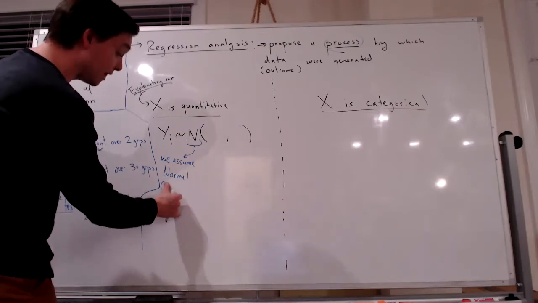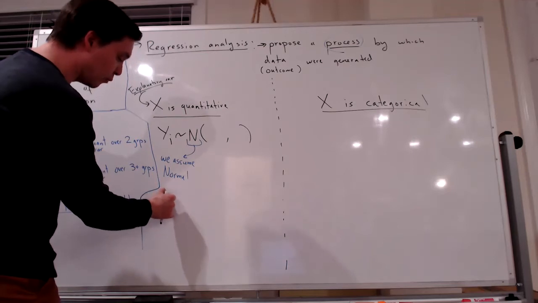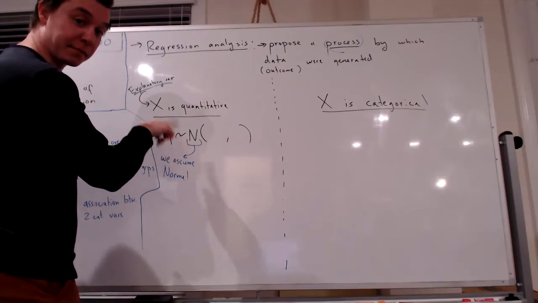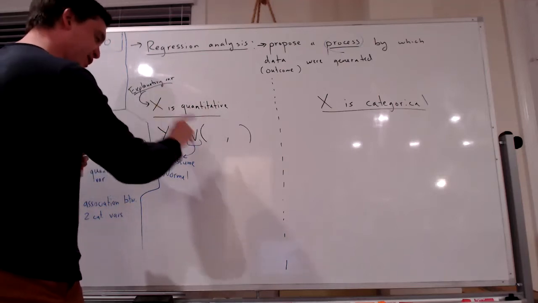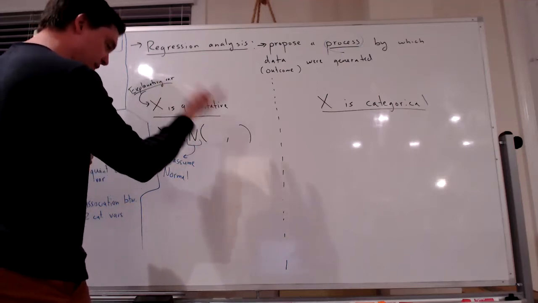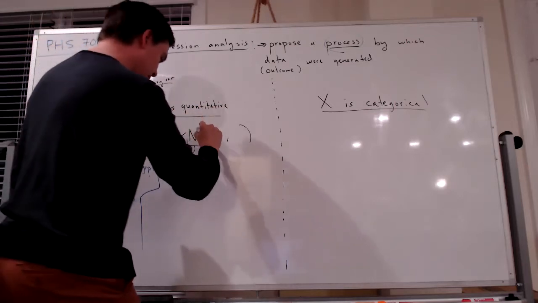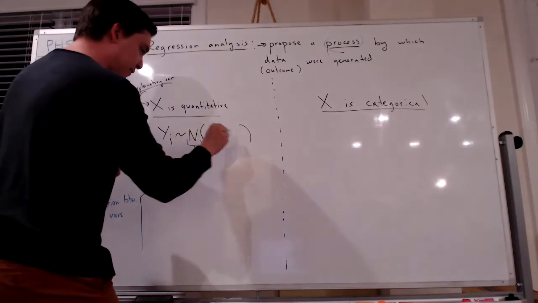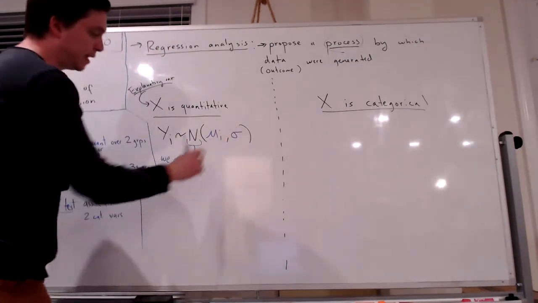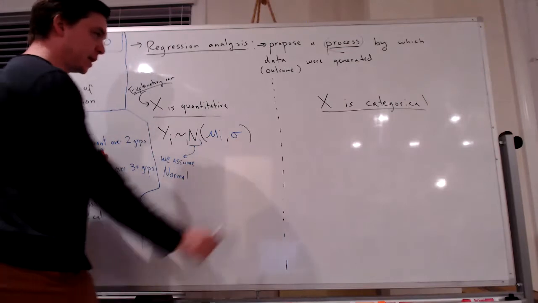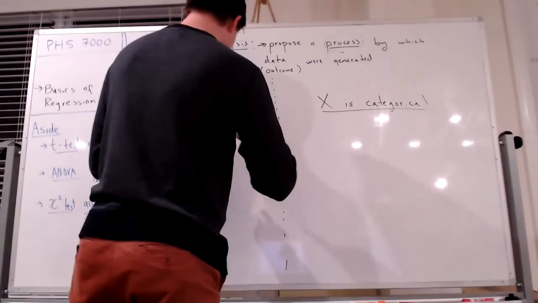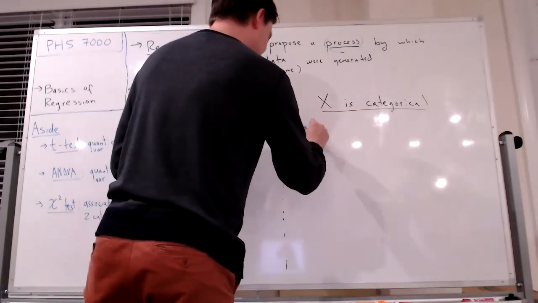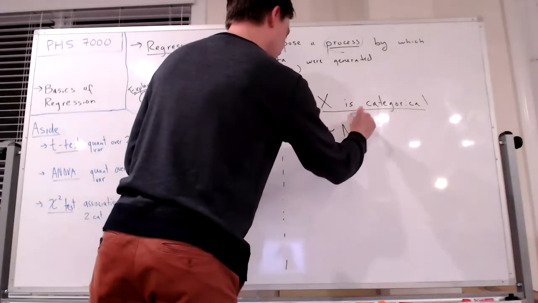We will relax this assumption when we meet again next semester. But for now, I'm going to keep writing it, but we always assume that our response variable came from a normal distribution, where the mean depends on our observation, and we have a common standard deviation. It is exactly the same. The setup is exactly the same on this side.